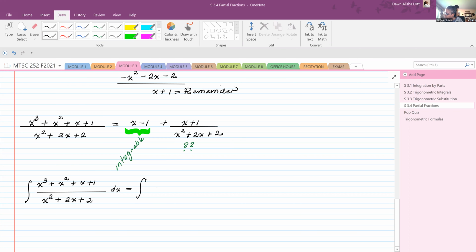I can easily integrate x minus 1. But when I integrate this next piece, if u is equal to x squared plus 2x plus 2, du is simply 2x plus 2 dx, but that's simply 2 times x plus 1 dx, and yay, there's the x plus 1 right there.